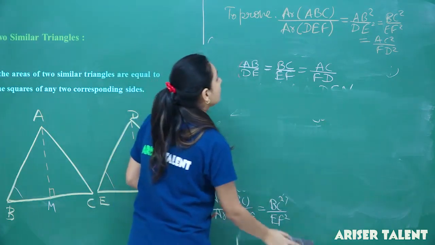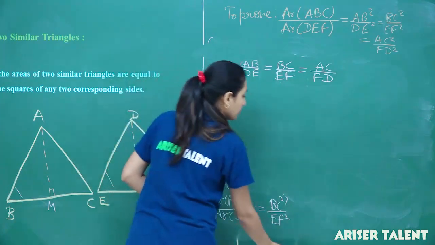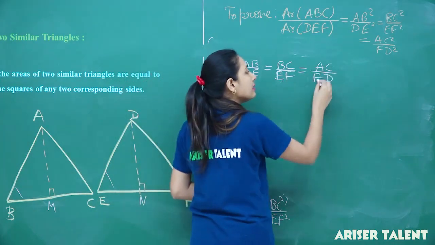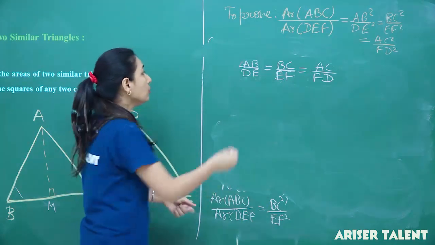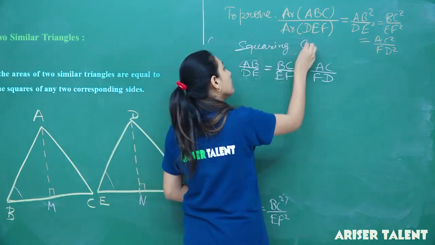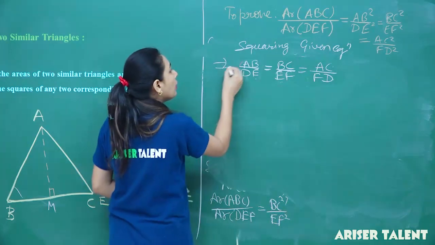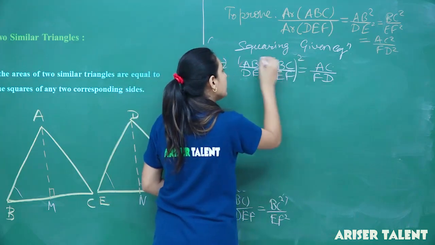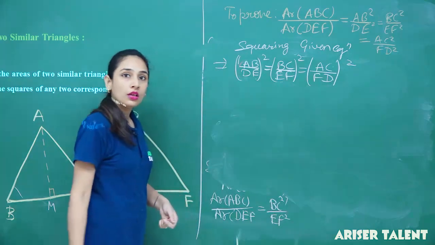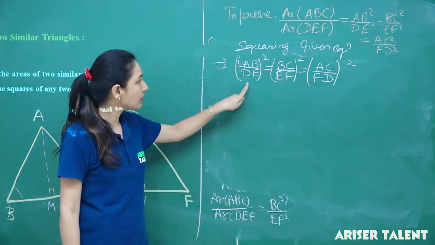I have been given AB by DE equals BC by EF equals AC by FD. Okay, so squaring the given equation implies, if I square this and also this, what I am getting is BC square by EF square is equal to this.